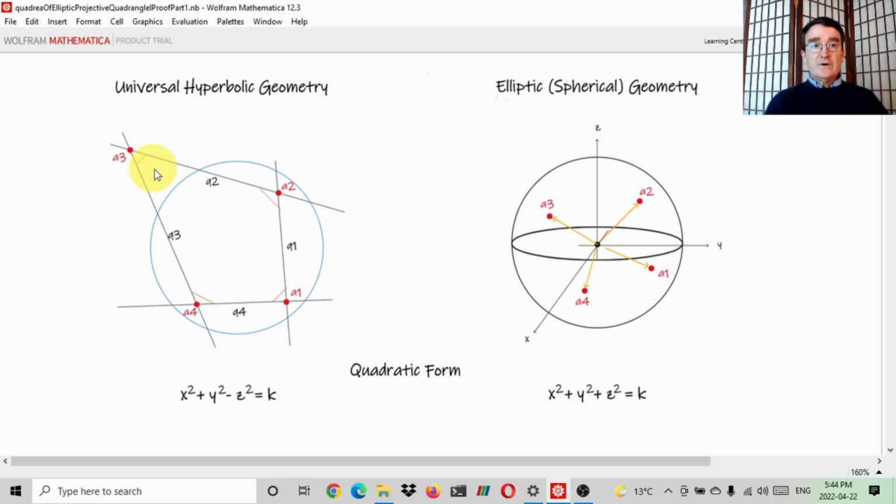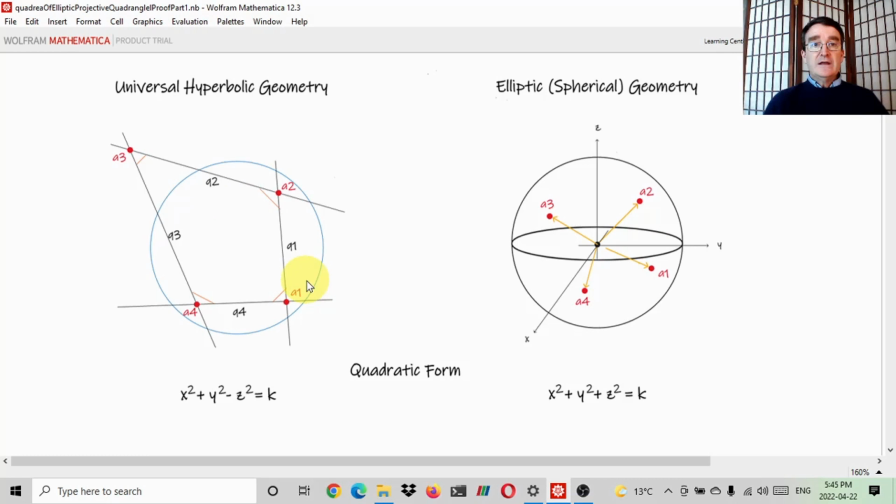And similarly, in elliptic or spherical geometry, you have projective points A1, A2, A3, A4 on the surface of the sphere. The projective points are the lines through the origin, and they are these points on the surface of the sphere. So they have quadrances and spreads, similar to the universal hyperbolic geometry case.